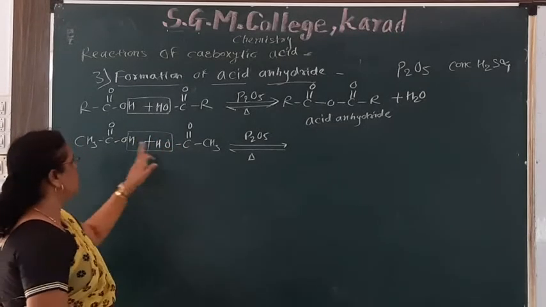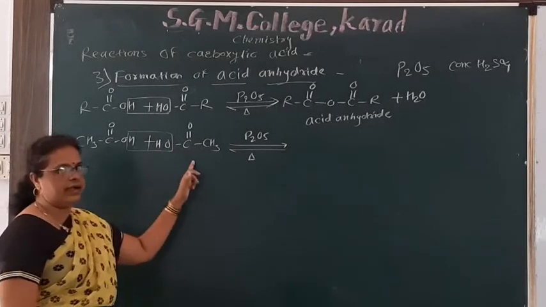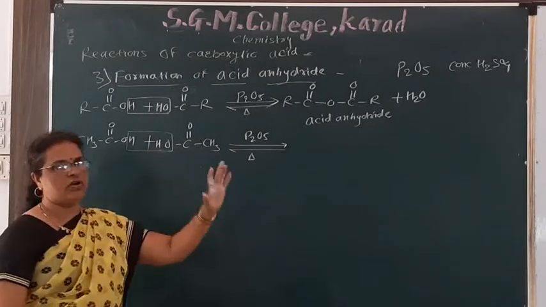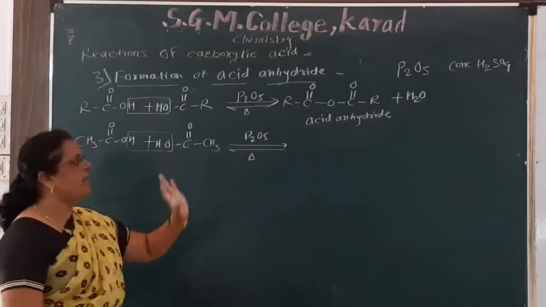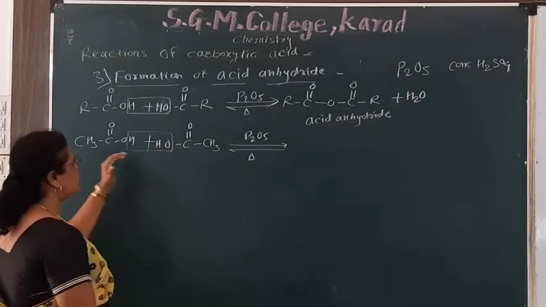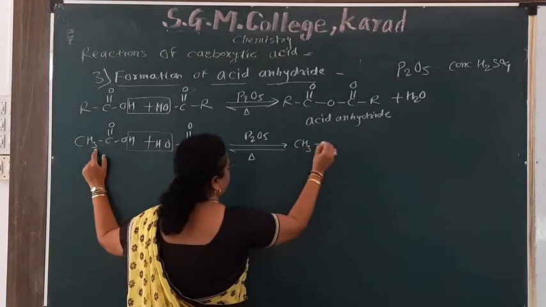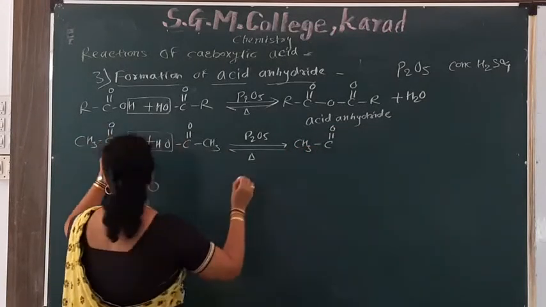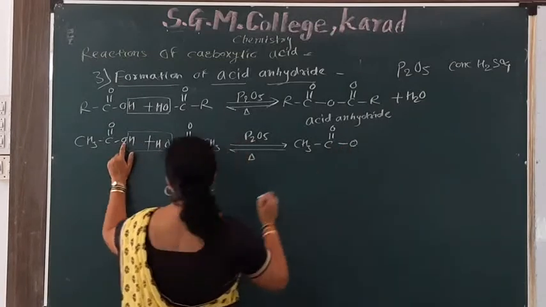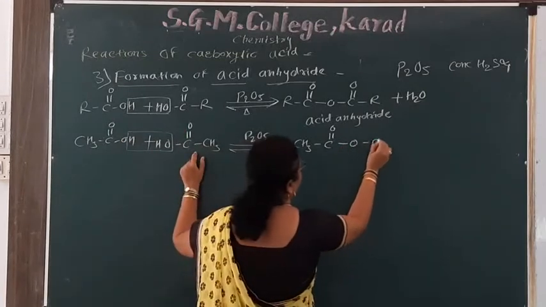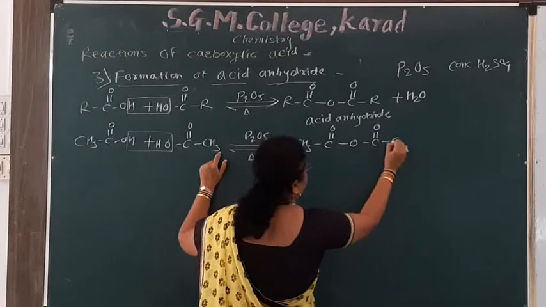These two molecules of carboxylic acid condense with loss of water molecule and acid anhydride is formed. Here acetic anhydride is formed, that is CH3CO-O-COCH3.